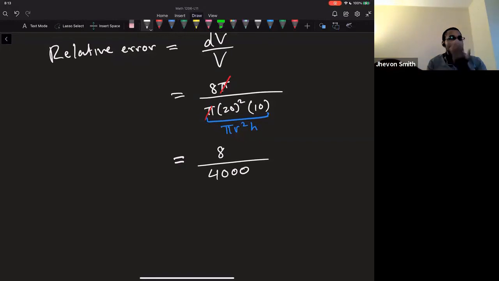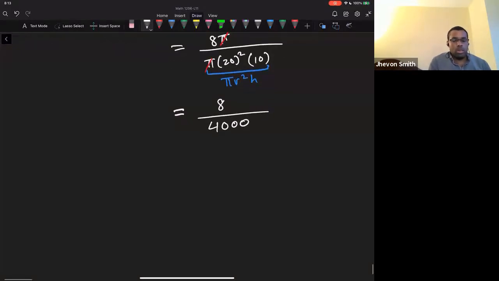Okay, so I know we're off by 8 pi, but is that a large difference or a small difference? It's actually not that big. It's like a 0.002, or it's like 0.2% error.